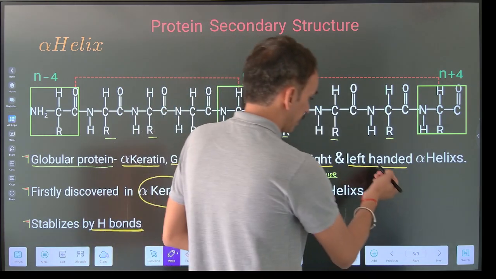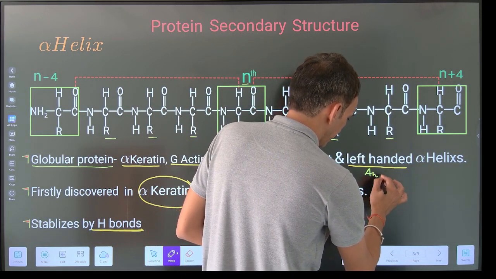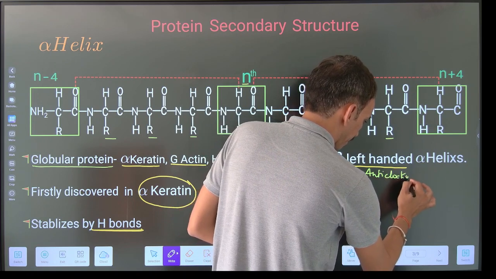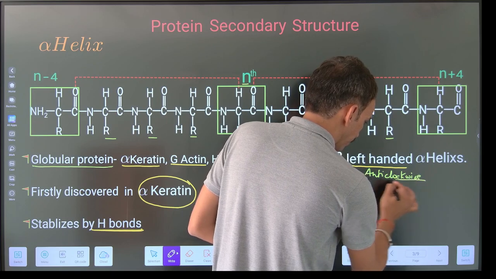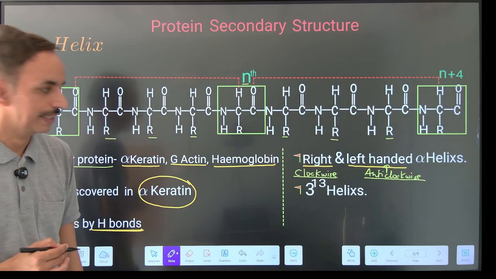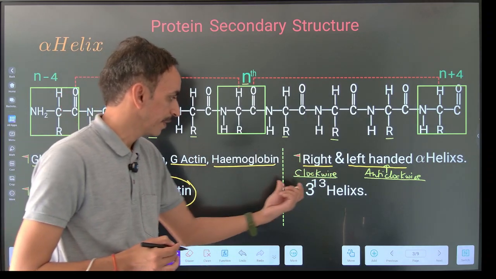Whereas if the rotation is in the counterclockwise or anti-clockwise direction, then it will lead to the formation of left-handed alpha helical structure. Right-handed alpha helical structures are more stable.